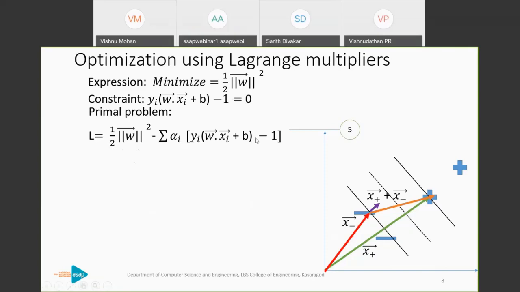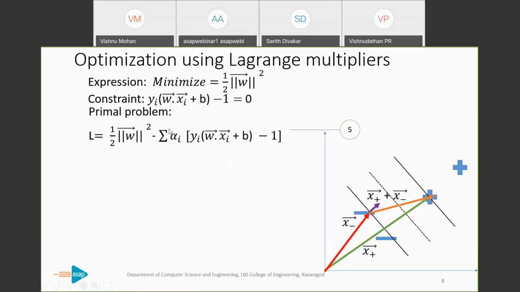You multiply the constraint with a Lagrange multiplier. So this is the Lagrange variable here, alpha I. So the summation will add all the constraints by multiplying it with the Lagrange multiplier alpha I. So this is our expression now. This term we have to minimize. We have kept our constraint over here.